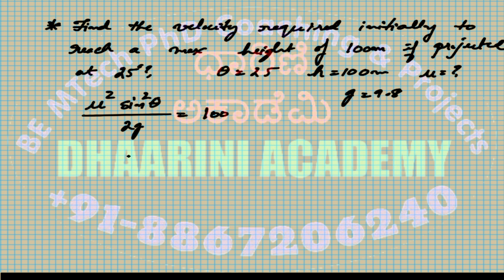Okay, so this means we need to find out the u now. So u square you can keep as it is. U square is equal to 100 into 2 times 9.8, 2g divided by sine square of 25.